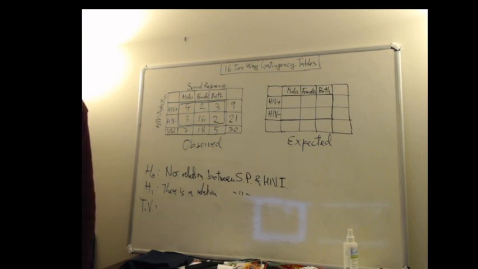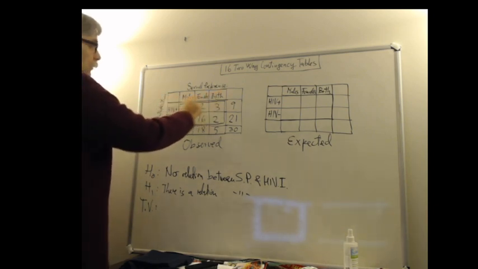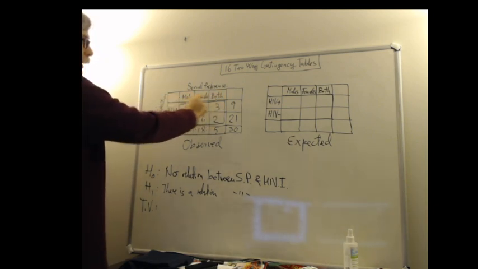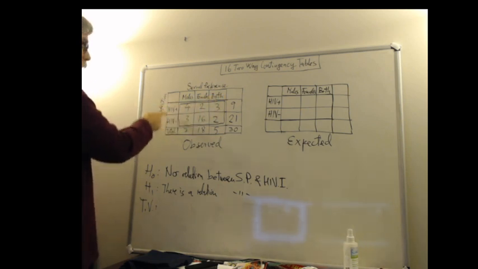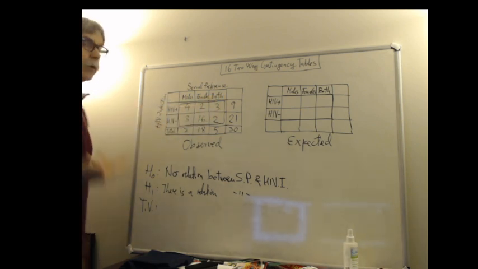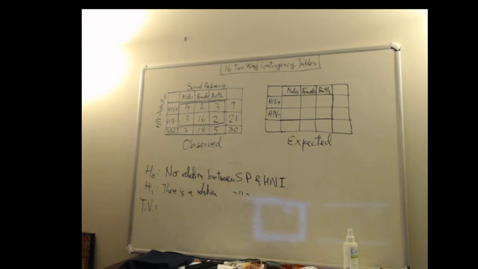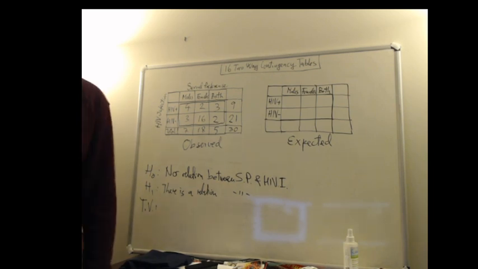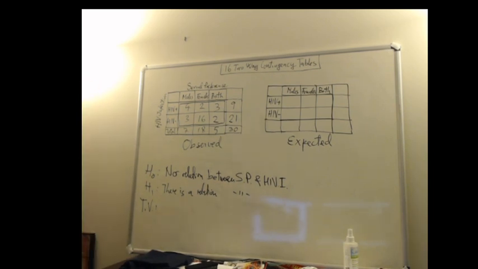So it's 1 less than how many categories you have here, and 1 less than how many categories you have here: 1 less than 3 is 2, 1 less than 2 is 1, and you multiply that. So you have 2 times 1, which gives you 2 degrees of freedom. That is according to Pearson's theorem. Again, we are not proving that theorem, we're not going into those details. That should be graduate statistics theory, which we are not going to be doing. Alright?